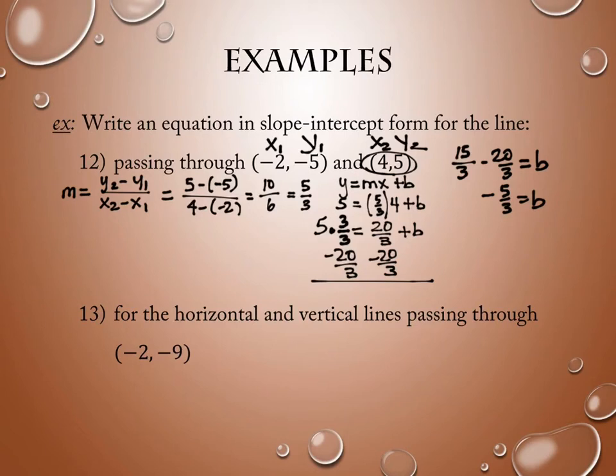How did I end up with 15? I need a common denominator. Right now the 5 has a denominator of 1. So in order to get 5 to have a denominator of 3, we would multiply the denominator by 3, which means multiplying the numerator by 3. Adding and subtracting fractions require common denominators. Multiplying does not. Am I done? No, but I'm close. So y equals 5 thirds x minus 5 thirds.